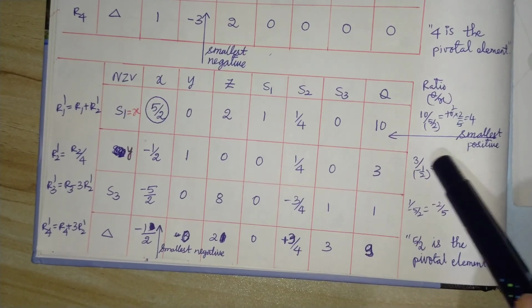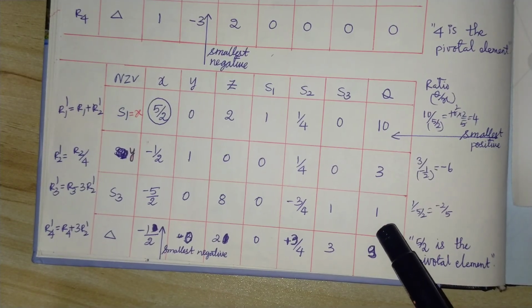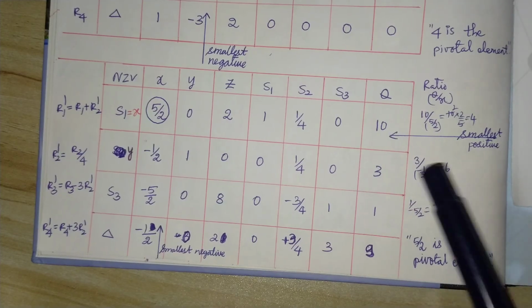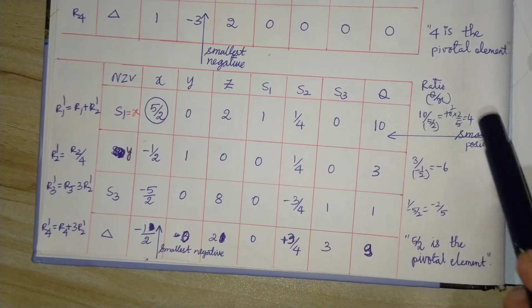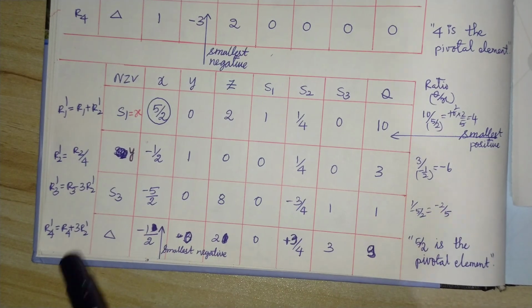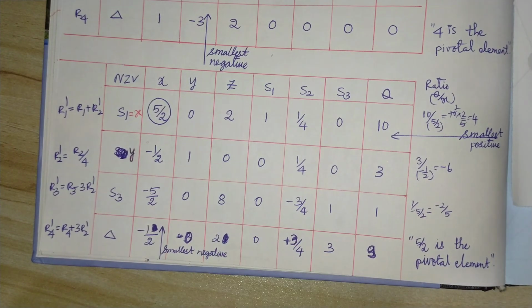We have to ignore this row since we are looking for the smallest positive. And 1 by minus 5 by 2 is again a negative number. We have to ignore these two rows. The only row having the positive ratio is the first row. So this is your pivotal row. The intersection of these two is 5 by 2, so 5 by 2 is the pivotal element.